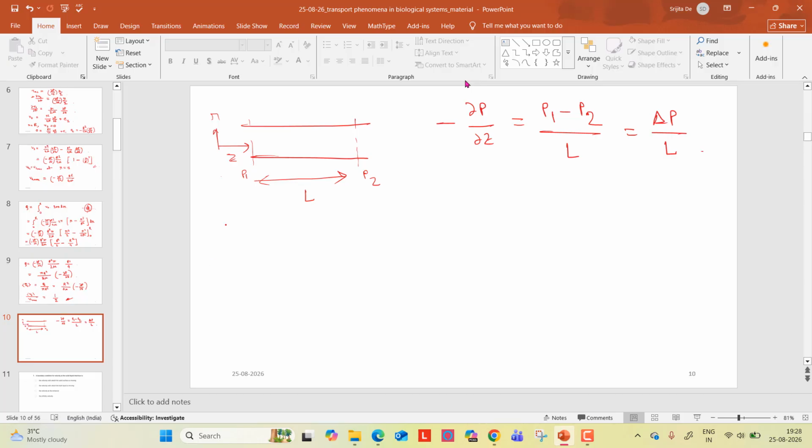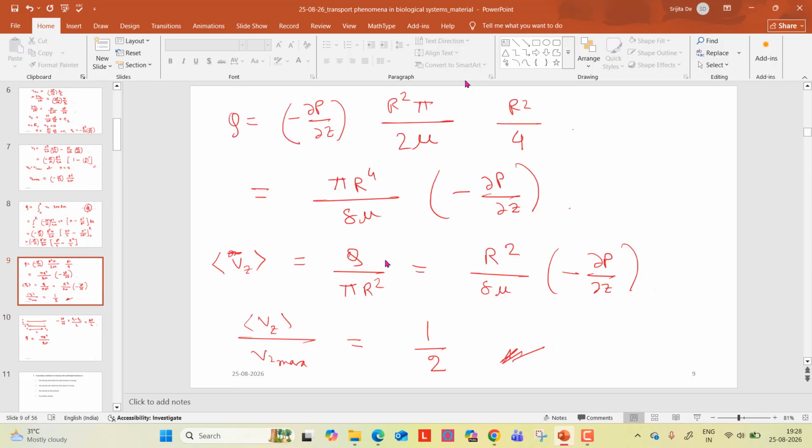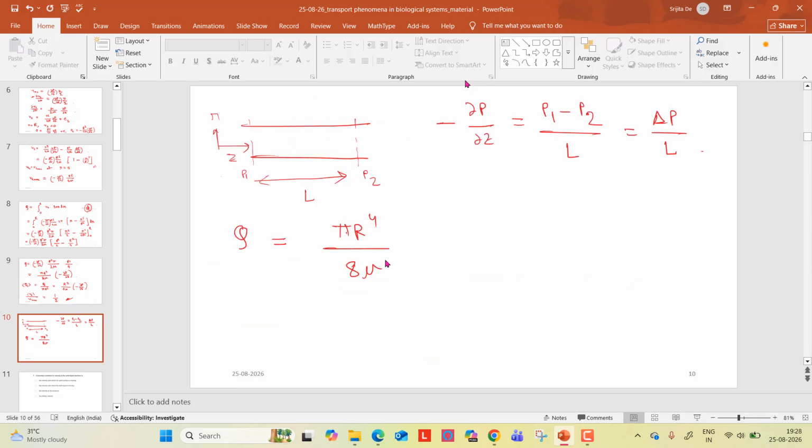So now if you write the expression of your Q, it was coming like pi r to the power 4 by 8 mu into delta P by L. Okay. So r equals, also you can write as d by 2.